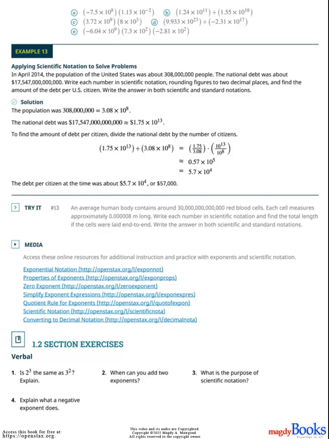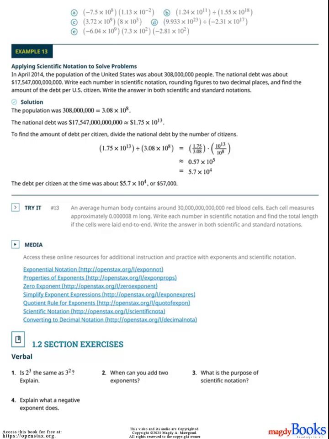To find the amount of debt per citizen, divide the national debt by the number of citizens. (1.75 × 10^13) ÷ (3.08 × 10^8) = (1.75 / 3.08) · (10^13 / 10^8).